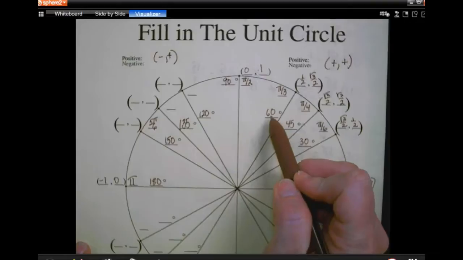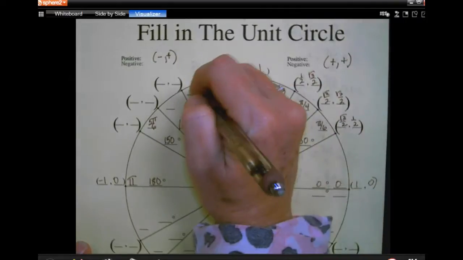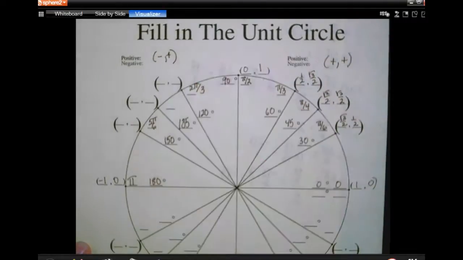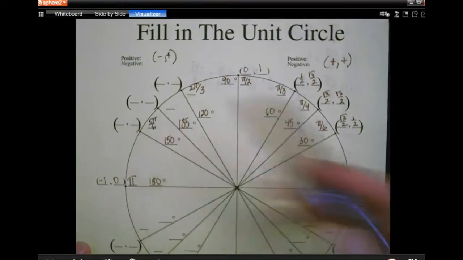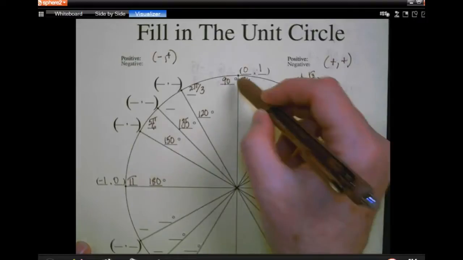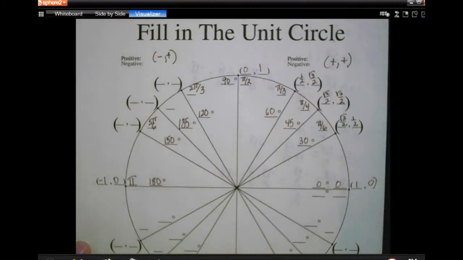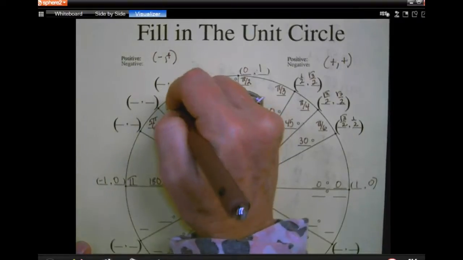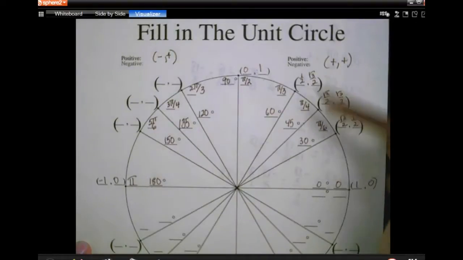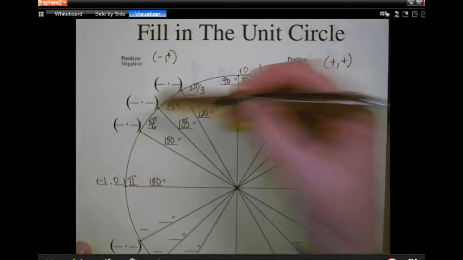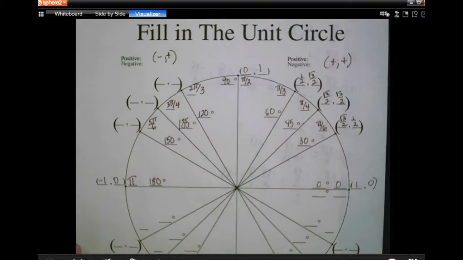So 2 pi over 3. And to get over here, I have 45 plus 45 plus 45, right? So I have 3 pi over 4. So that's 3 of the pi over 4s.